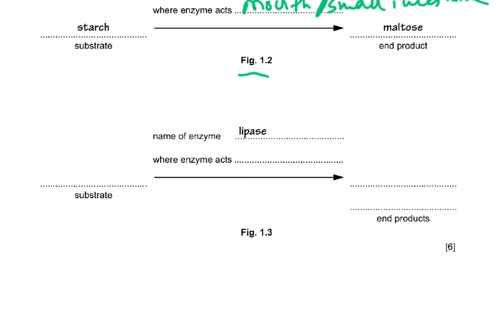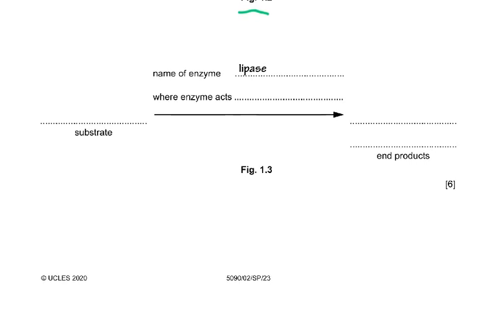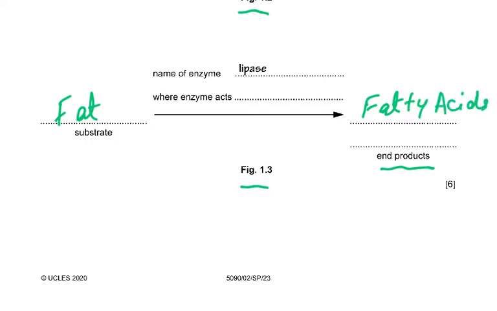Then coming to lipase, we have Figure 1.3. We've got something to write here, and you can see they've written end products, so you know what has to be written. You could have said the substrate is fat, and of course the end products are fatty acids. If you look at previous videos on biological molecules, that's what we studied.